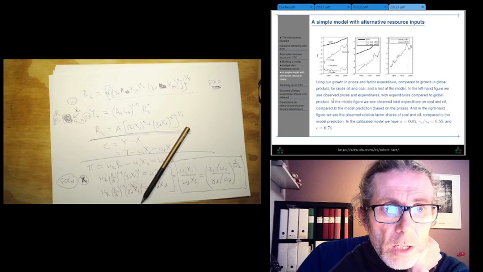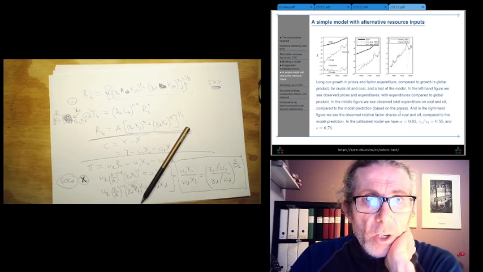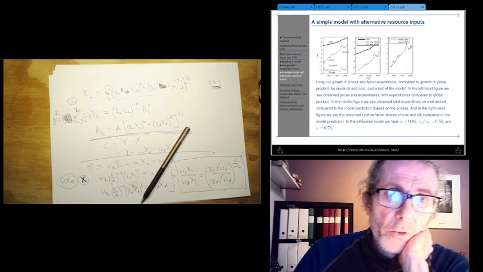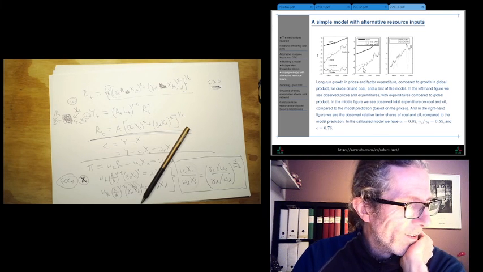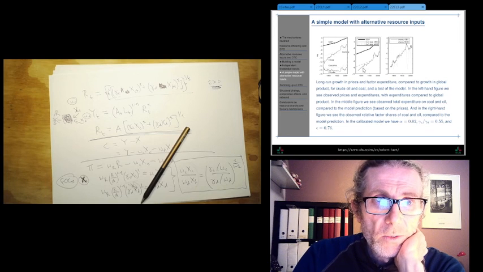Okay. In the middle figure we see observed total expenditure on coal and oil compared to the model prediction. So this is total R, if you like, or WR. It's WCXC plus WDXD.